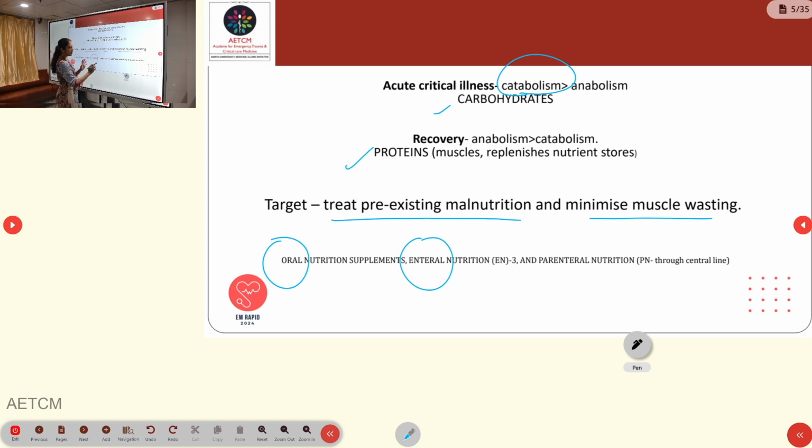If the patient cannot be given nutrition through an enteral or oral route, then parenteral nutrition, mostly through a dedicated central line, or now we also have peripheral parenteral nutrition.